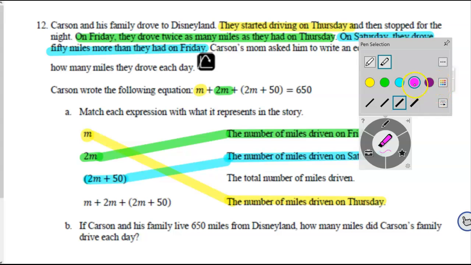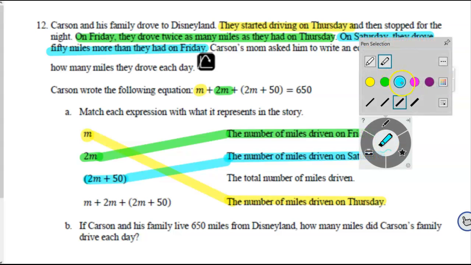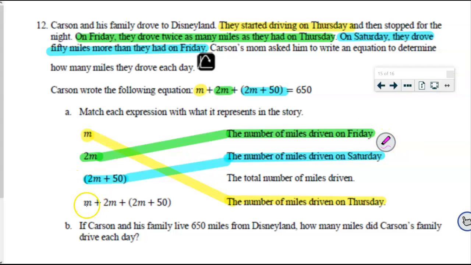So by process of elimination, I think we know, but let's also make sense of all of that too. What does M plus 2M plus the 2M plus 50 actually represent? Well, that's all of the miles they drove on Thursday and Friday and Saturday. This is the total number of miles.